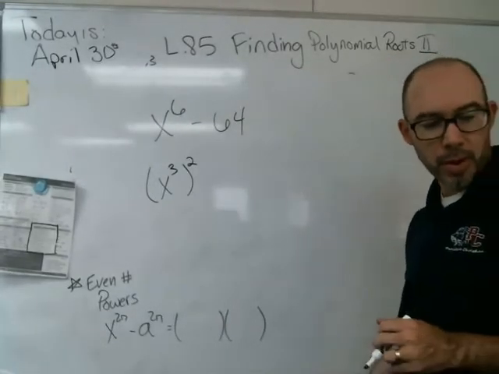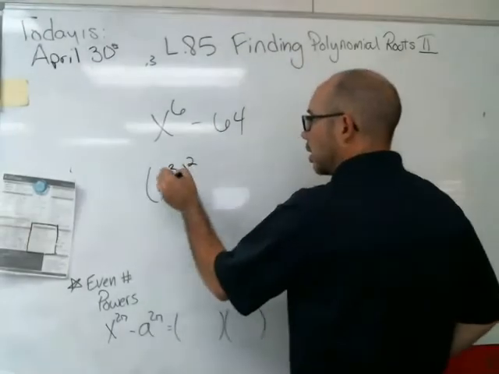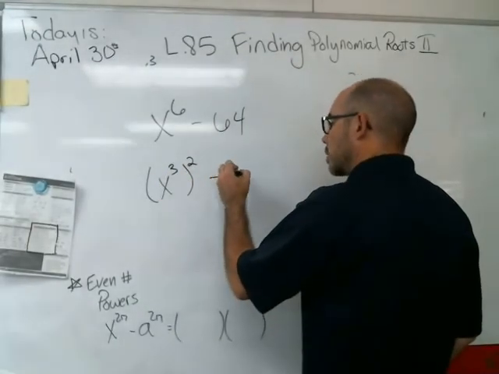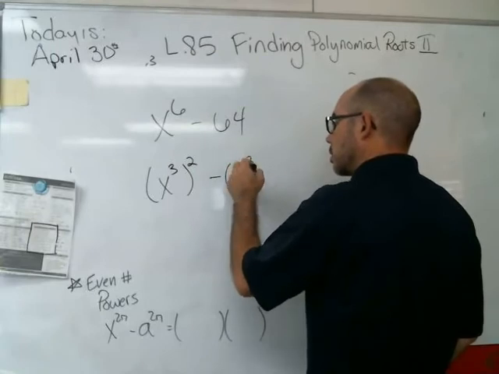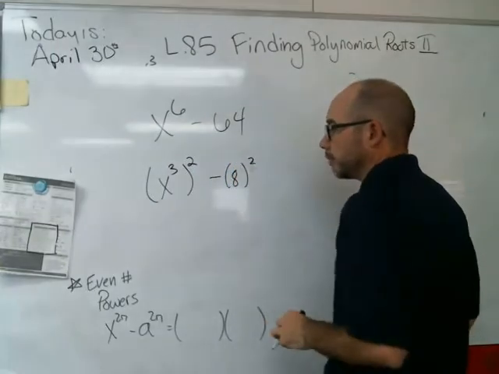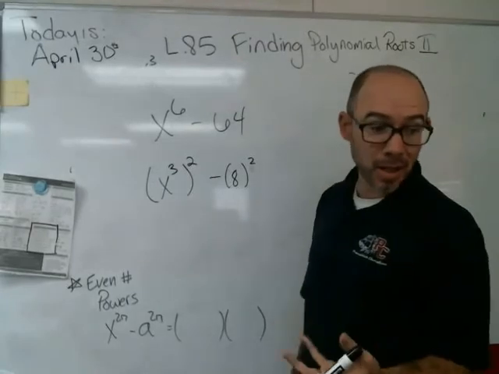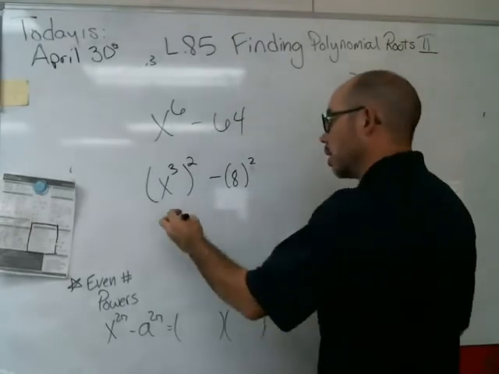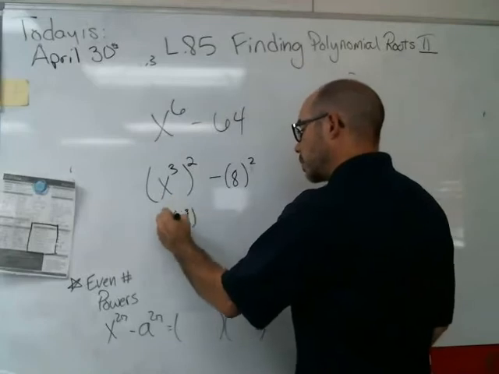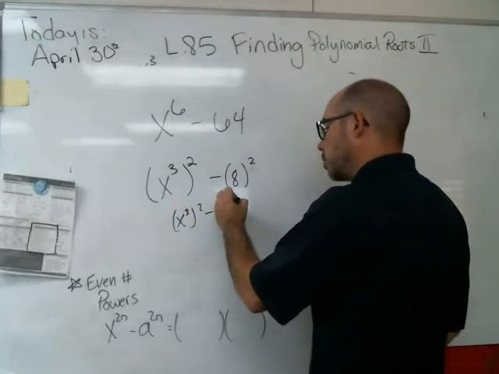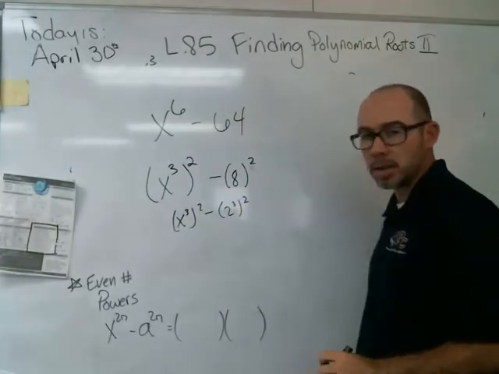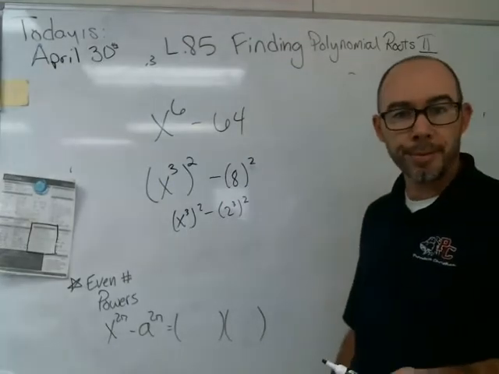We know that we can rewrite this one as this squared minus this squared. I could have written this as x cubed squared minus 2 cubed squared, because they're both to the 6th power.